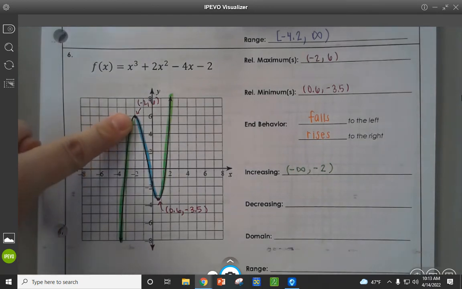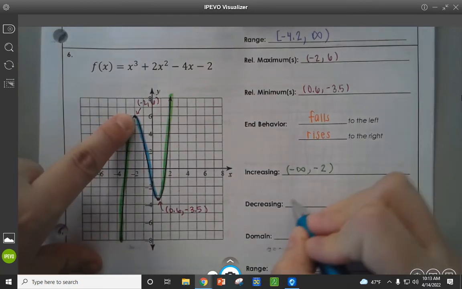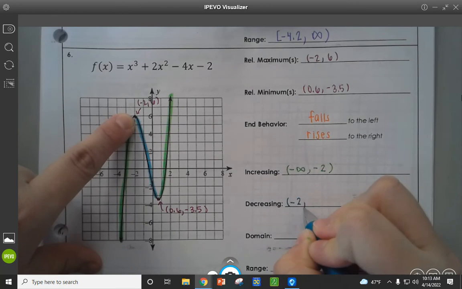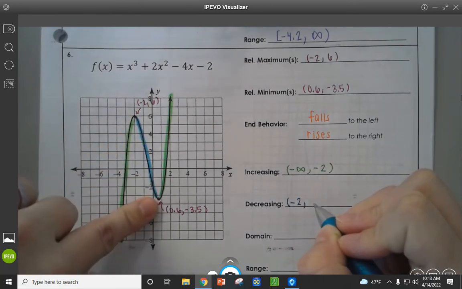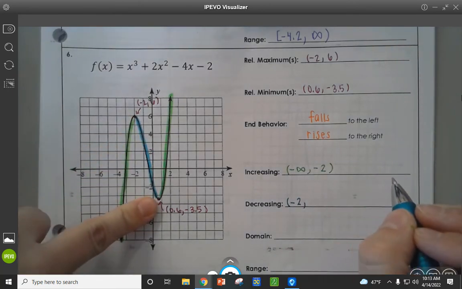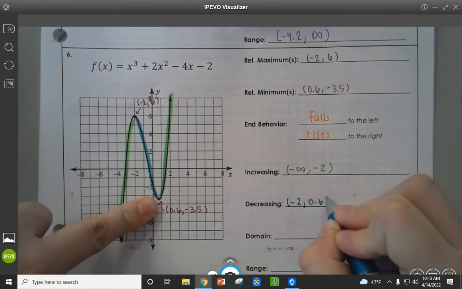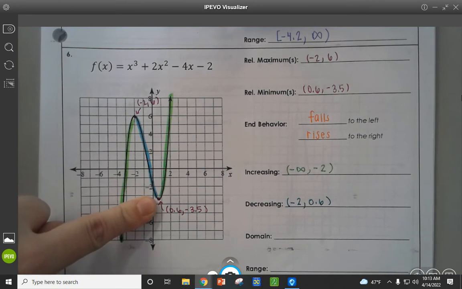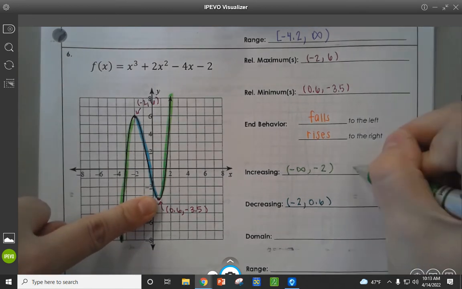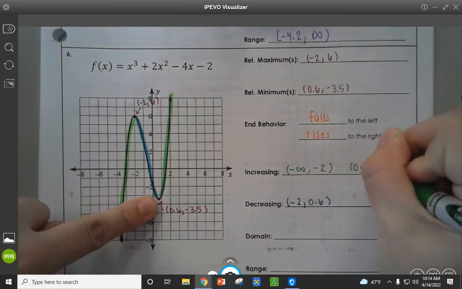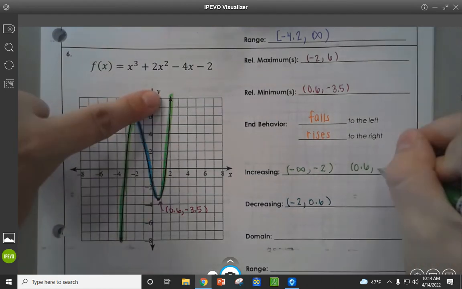Now, once I'm up here at this point, I start decreasing. I'm still at -2. Where do I stop? 0.6. Good. And then I increase again. I'm still at 0.6 to infinity.